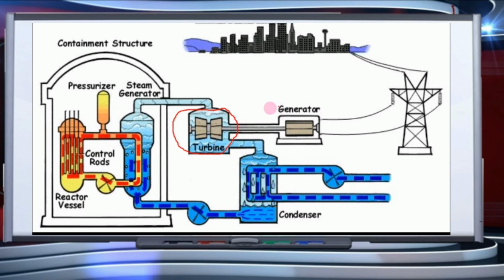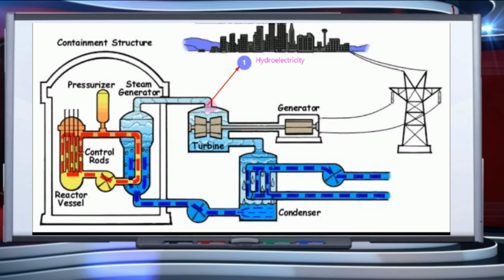The turbine rotates and moves the generator, around which we have a magnet. When the magnet rotates around the copper coils, charge is produced. The bigger the generator, the bigger the turbine, the more will be the production of charge. And that electric charge is transported with the help of towers to cities.